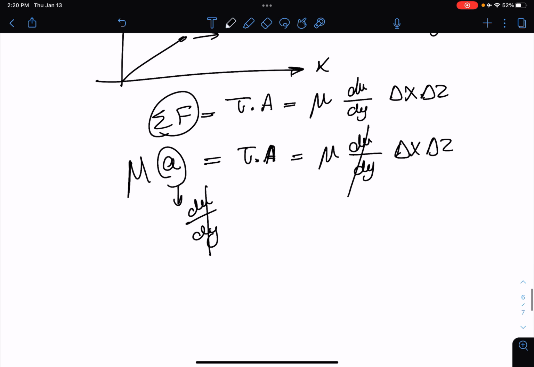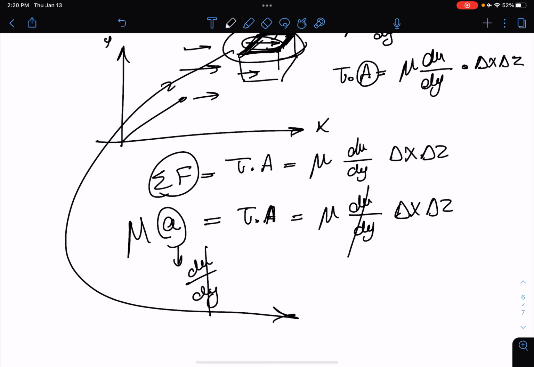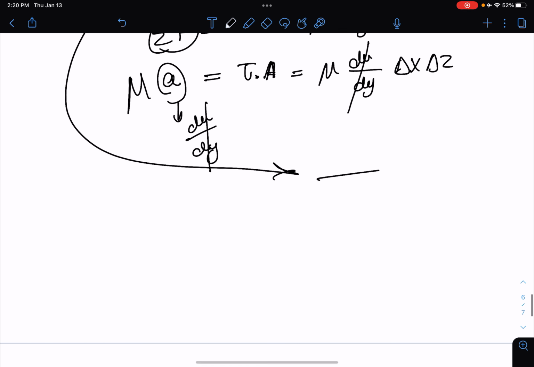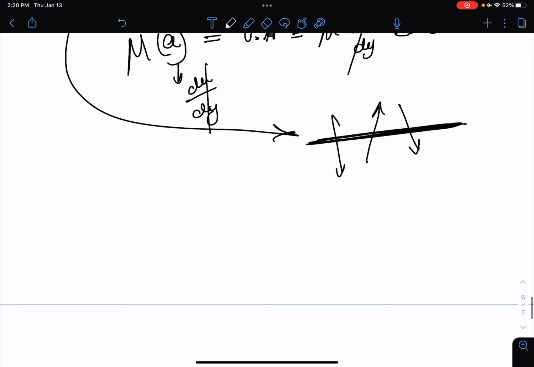Again, let me magnify this. I'm going to magnify it here. This plate, this is a boundary, this is a control volume. So molecules can come in and go out, right? Molecules are coming in and going out at a rate. And the distance, actually I should have told you this.